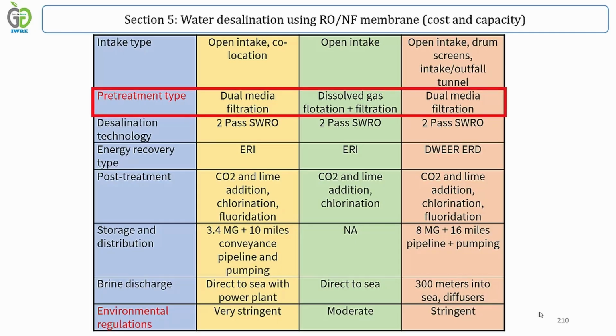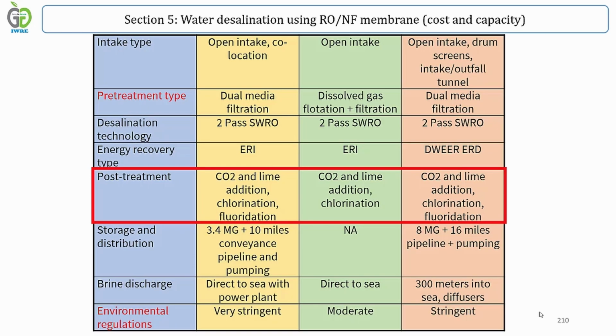Pretreatment type for the USA and Australia is the same, but for the Persian Gulf it is dissolved gas flotation followed by filtration. Desalination technology for all three is the same, two-pass seawater reverse osmosis. In post-treatment, carbon dioxide and lime addition and chlorination are applied for all three.